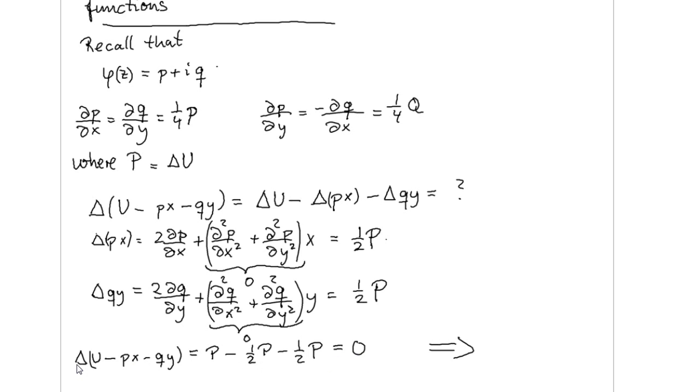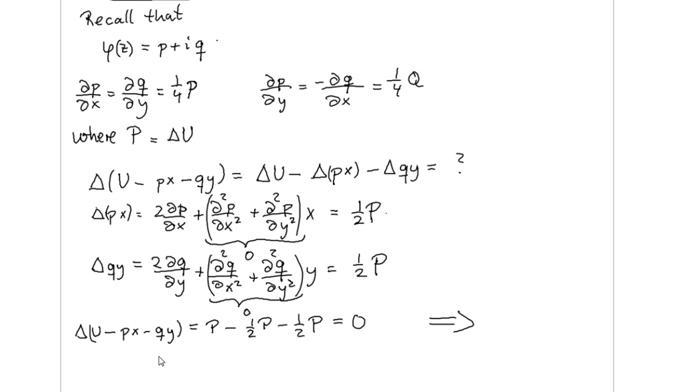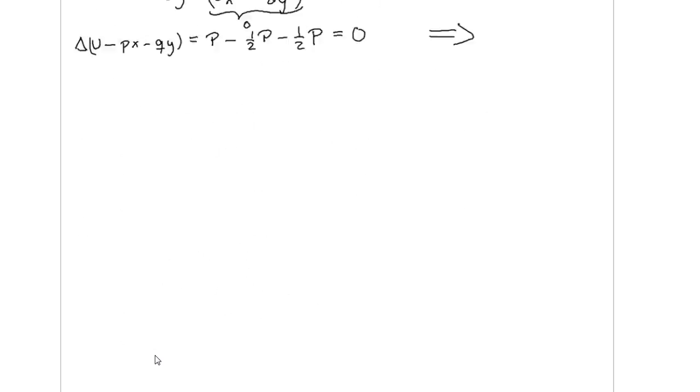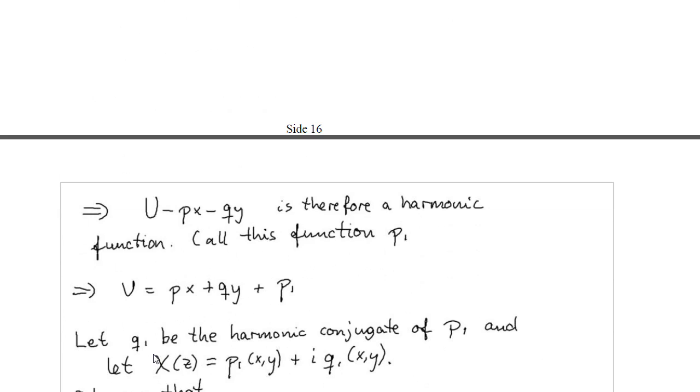This means that the Laplacian of this is 0, so what's in here is just a harmonic function. And now we see why it was interesting to find the Laplacian of this expression.